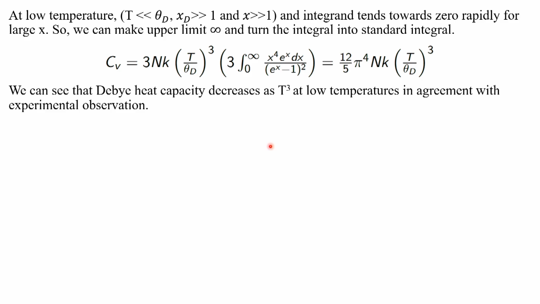Okay, so according to Debye, Cv decreases with T^3 at low temperature. So what is the takeaway message?